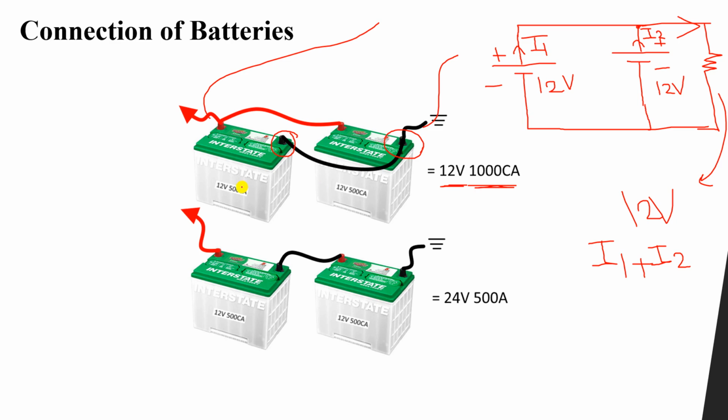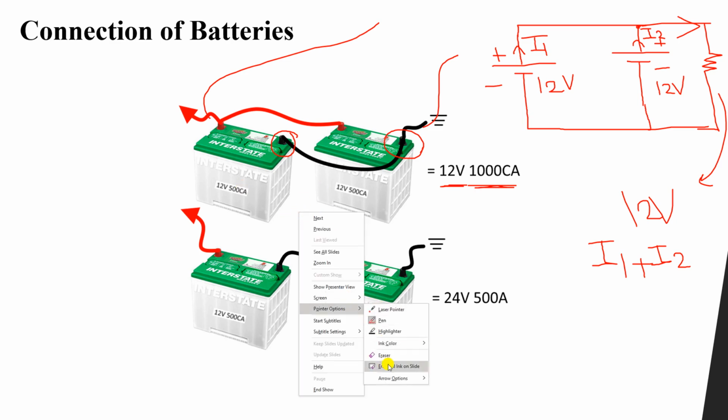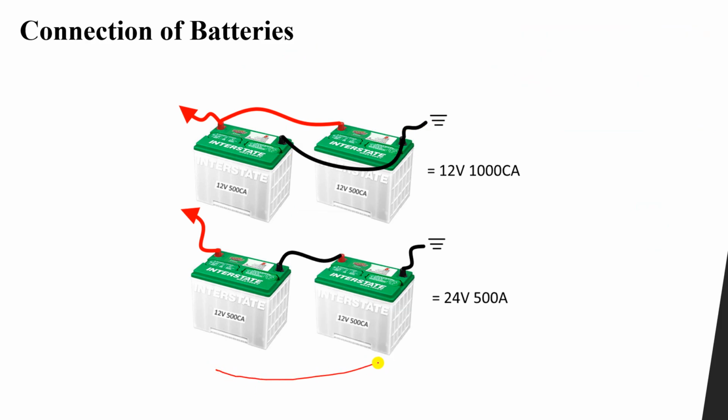Now let's see the second configuration, which is the series configuration. You can see we have positive, negative, positive, negative. So we will have a battery like this, positive, negative.